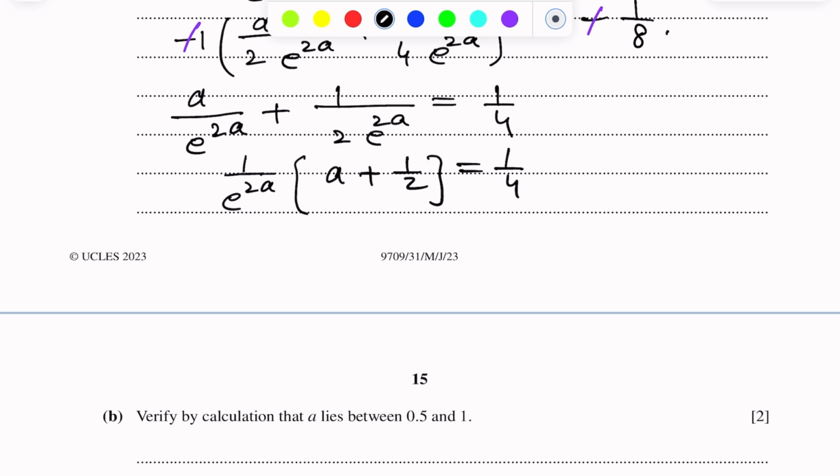From here, we can write a plus 1 over 2 is equal to e power 2a over 4.